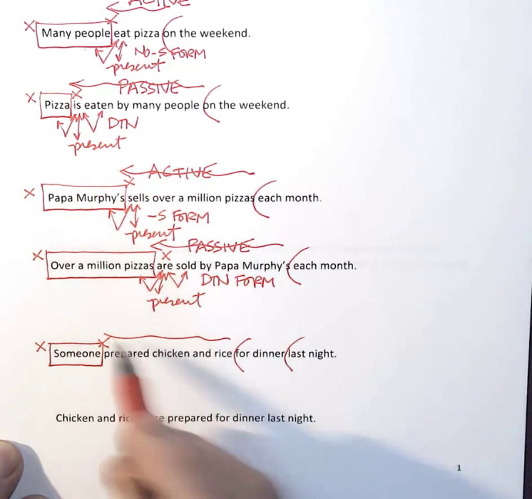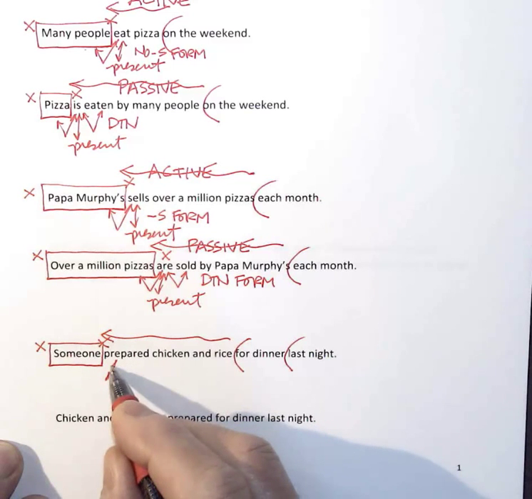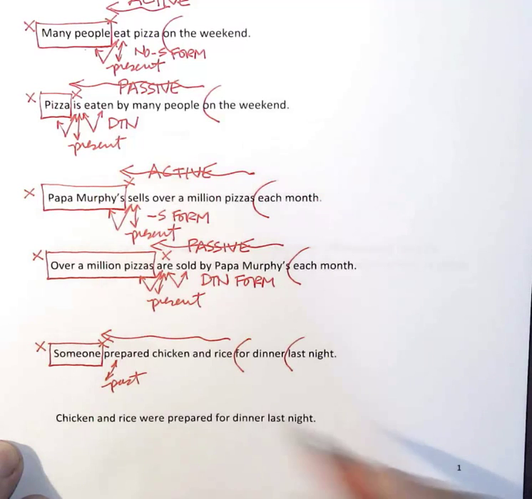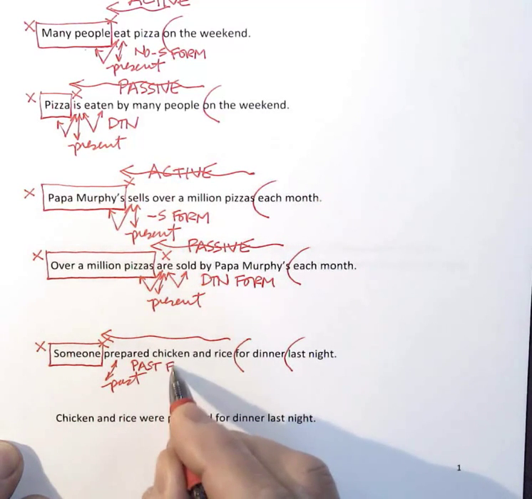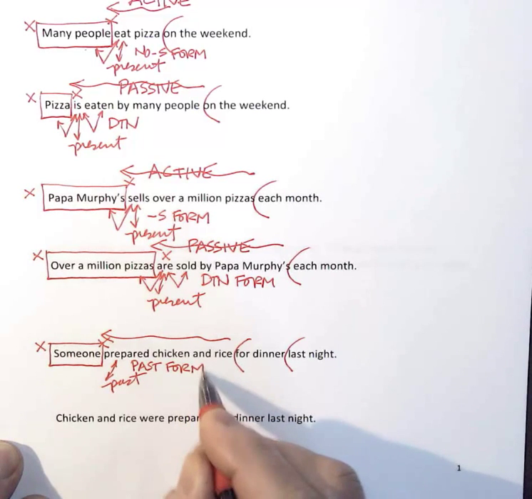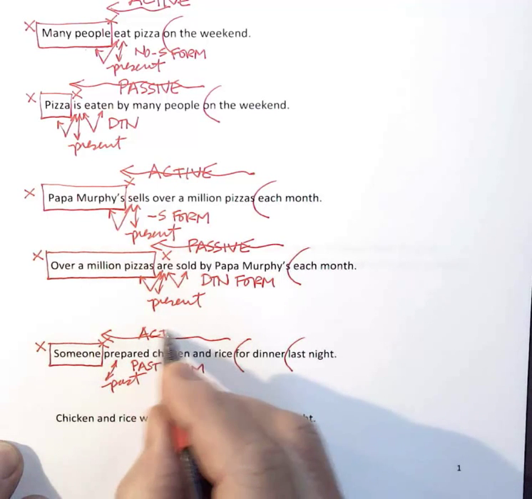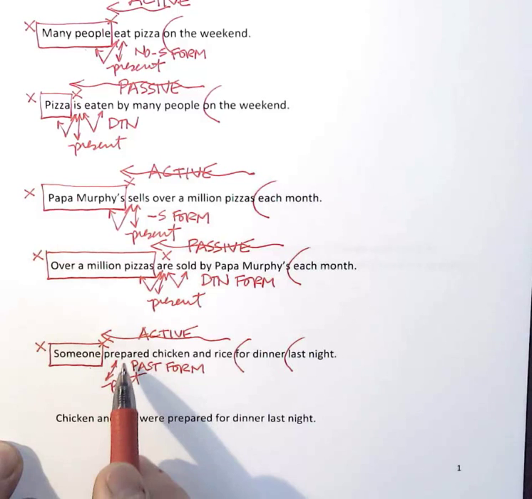Prepared chicken and rice is the predicate. Prepared ties with the past, last night. It's the past form. This is an active sentence. Someone did something.